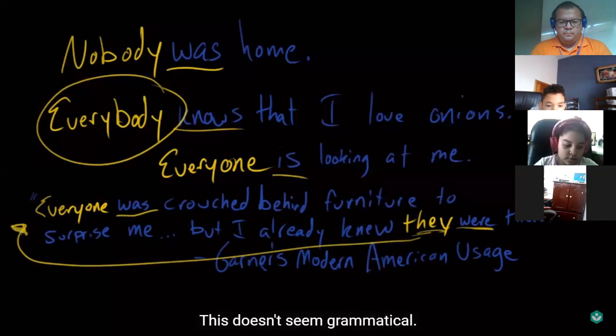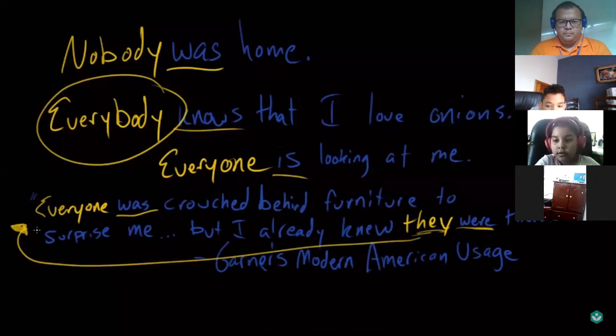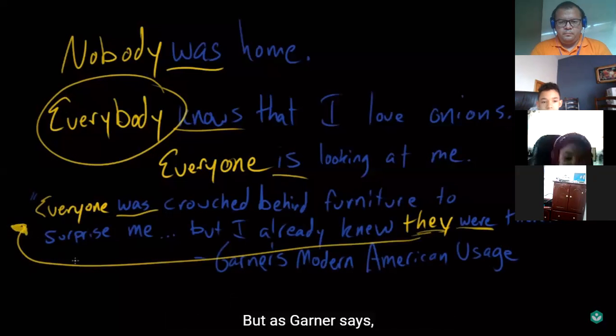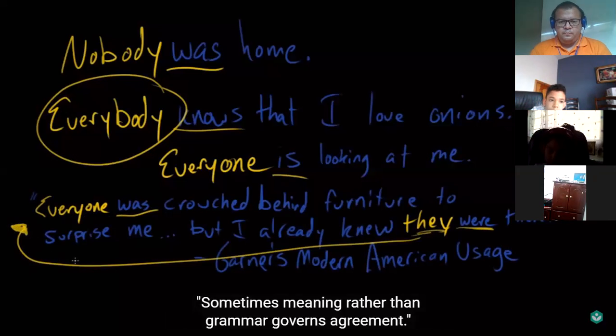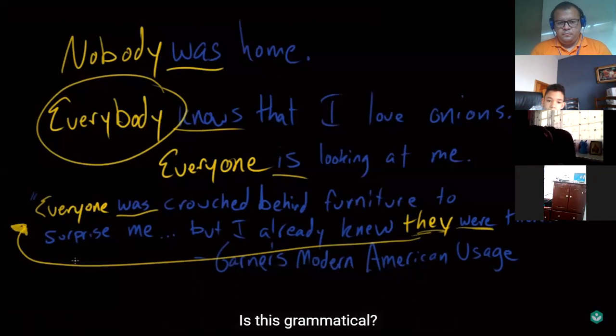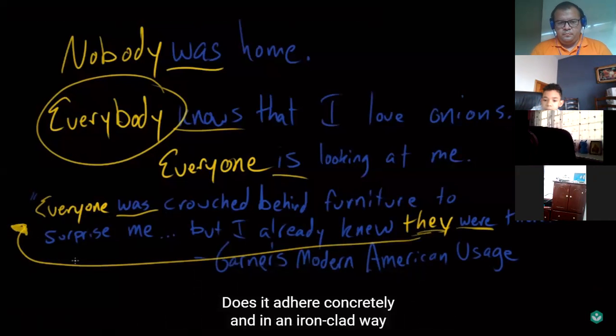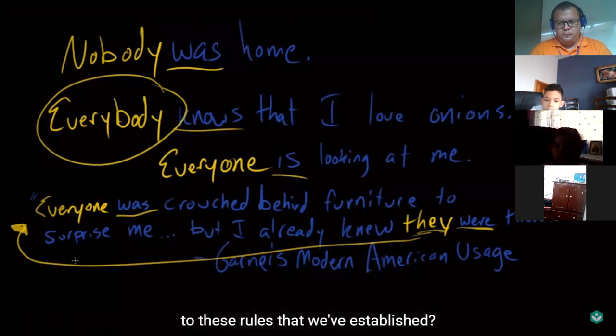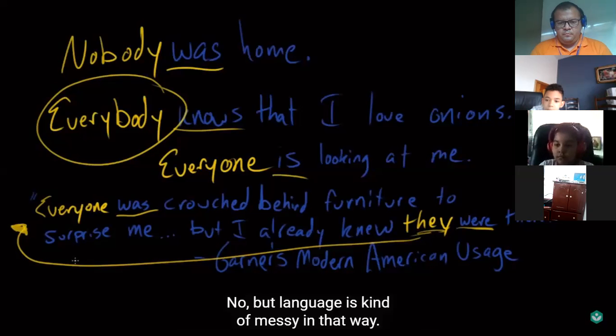So how can this be? This doesn't seem grammatical. But as Garner says, sometimes meaning rather than grammar governs agreement. Is this grammatical? Yes, in that it makes sense. Does it adhere concretely and in an ironclad way to these rules that we've established? No, but language is kind of messy in that way.